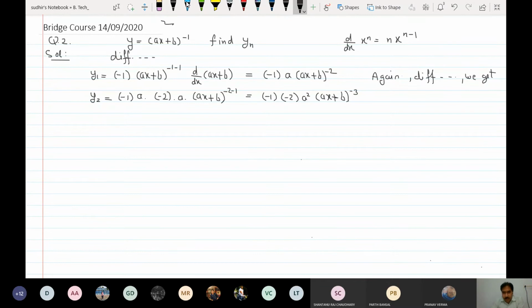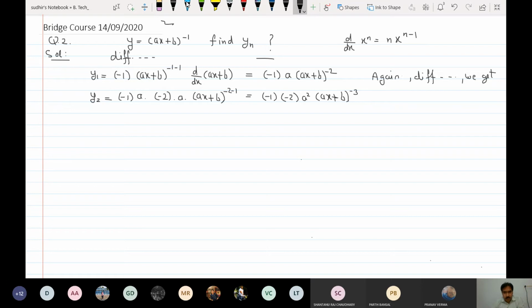So now on the right hand side we can maintain the symmetry, so that when we have enough symmetry we can directly write yn, because our objective is to find yn, right?